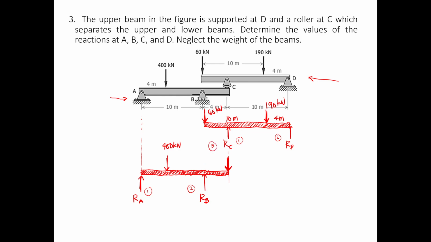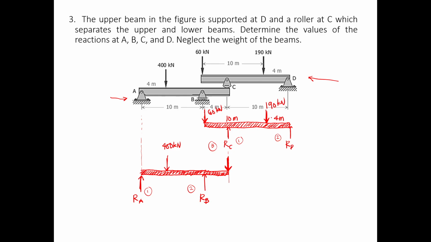And again, as we have discussed earlier, since we are solving parallel force systems, and since we're only given two equations, we can only solve two unknowns at the moment, because the number of equations reflects the number of unknowns. If you have two equations, you can only solve two unknowns. If you have three unknowns, you're going to use three equations.